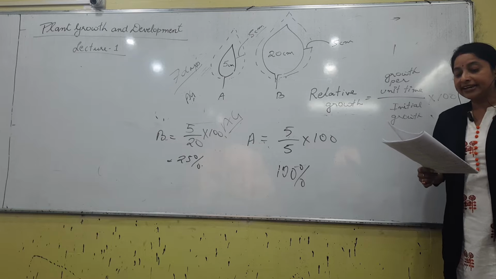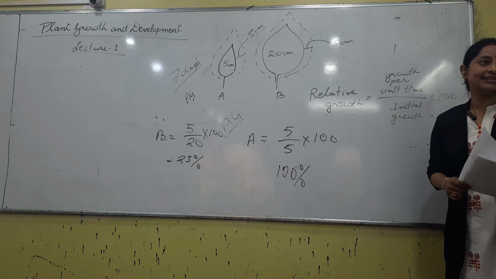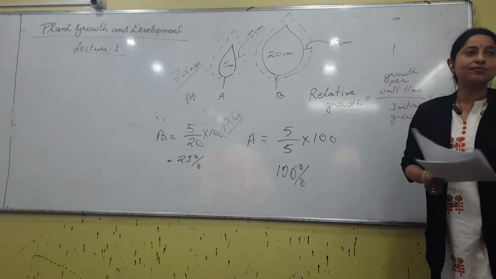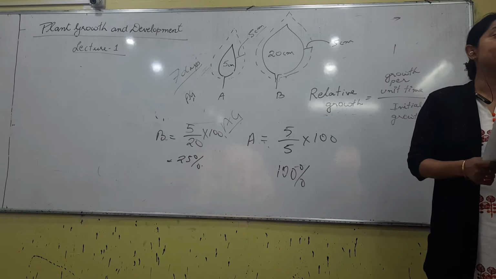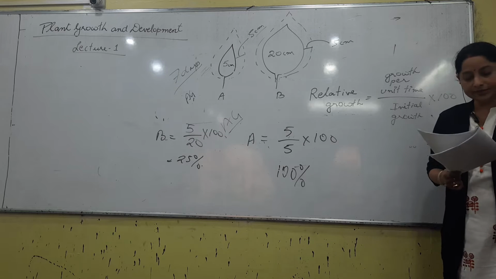Cell wall will be synthesis of more wall materials. So wall materials could be the secondary wall, middle lamella also, right? Secondary wall over, primary wall over.